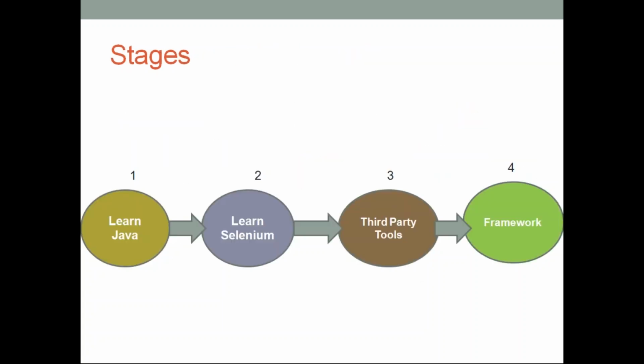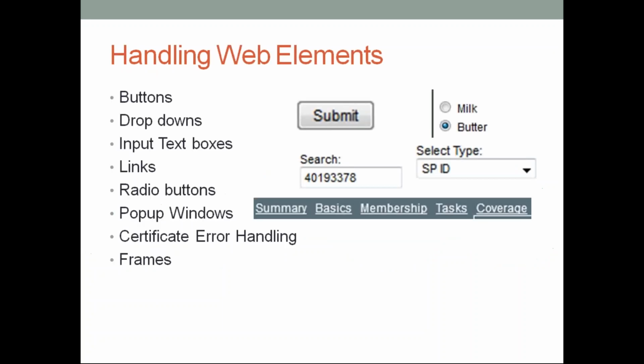I just wanted to explain what exactly learning Selenium means. Instead of me opening the browser, I will ask Selenium to open the browser. Instead of me identifying the button and clicking on it, I will ask Selenium to click on the button. In the same way, radio buttons.